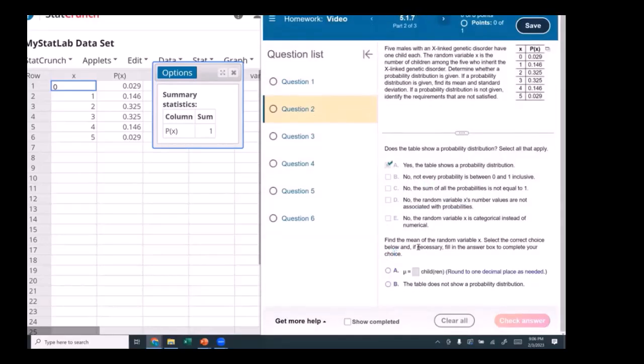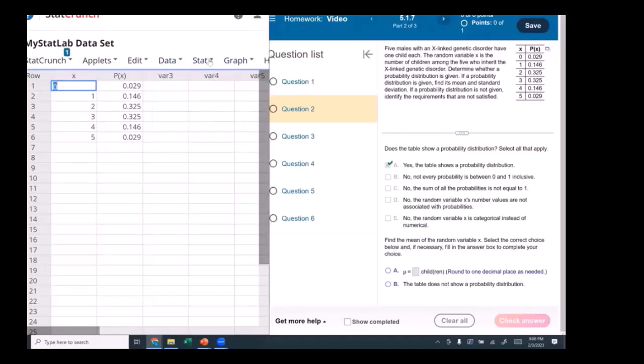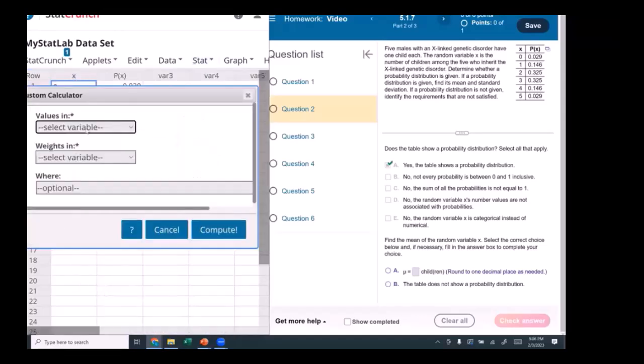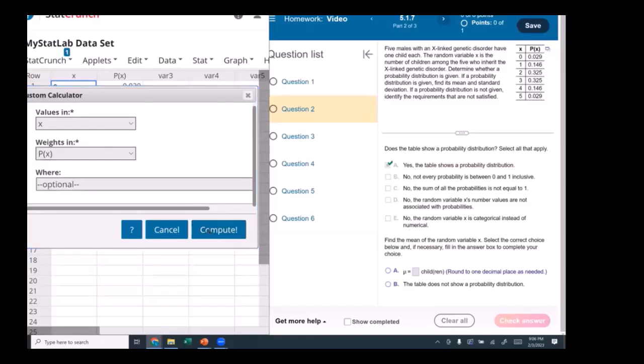Now, find the mean of the random variable X, select the correct choice below, and if necessary, fill in the answer box to complete your choice. We go to Stat, Calculators, Custom, and our values are in X. Our probabilities are in P of X. That's all I have.